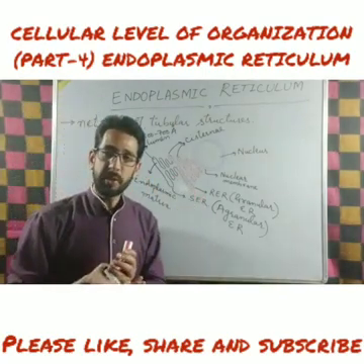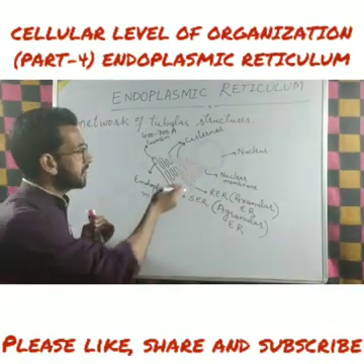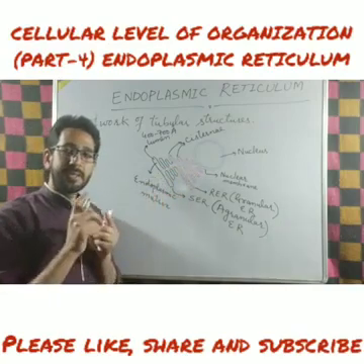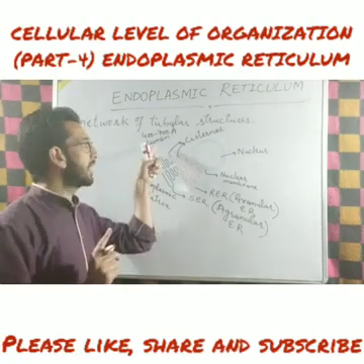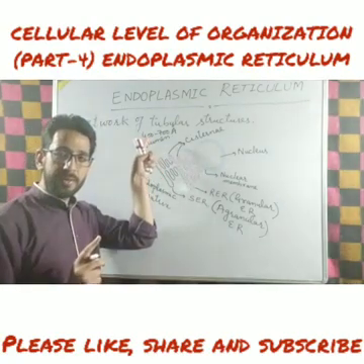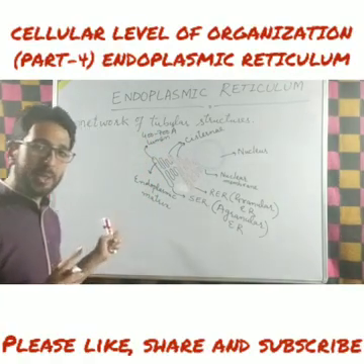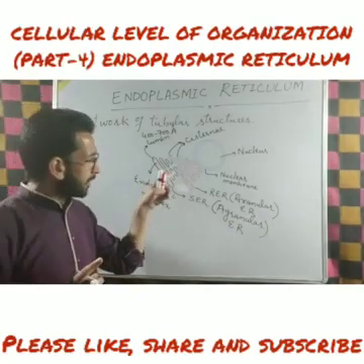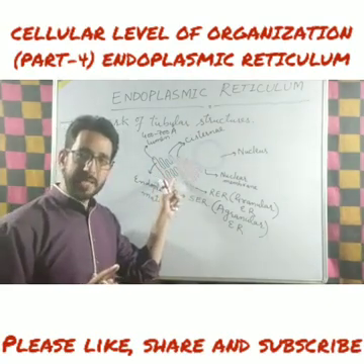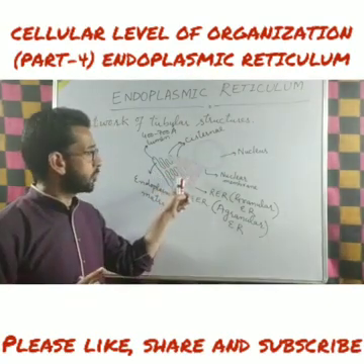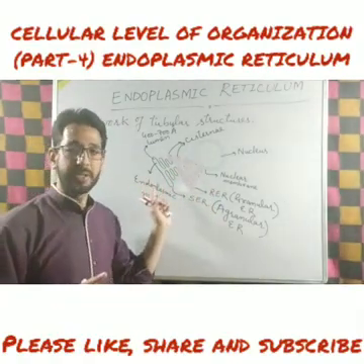So endoplasmic reticulum is a network of tubular structures, and these tubular structures are interconnected to each other. These tubes are called cisternae. They have a hollow space inside which is called lumen with a diameter of 400 to 700 angstrom, and this lumen contains a fluid which is called endoplasmic matrix, and on the basis of presence or absence of these ribosomes, the endoplasmic reticulum is divided into two types: rough endoplasmic reticulum and smooth endoplasmic reticulum.